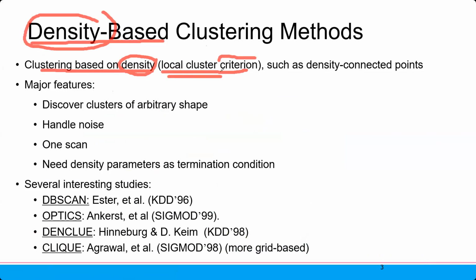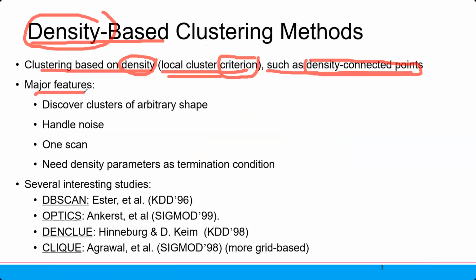And we have the criterion of the local clusters. One example for the local cluster criterion is the density connected points. We will look at the details.